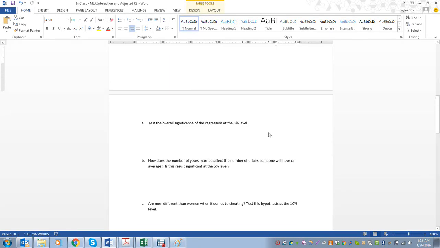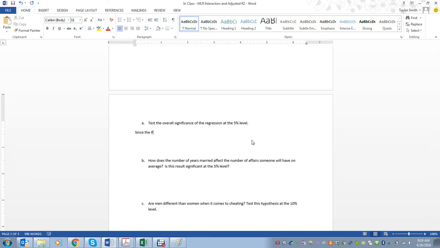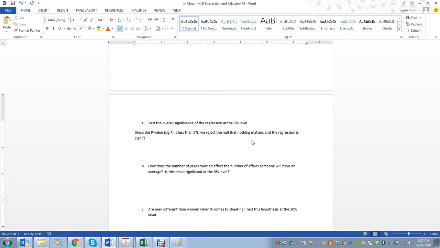And so we need to compare that p-value to our level of significance, which is 5%. In this case, since the p-value, that's the significance of f, is less than 5%, we reject the null that nothing matters, and the regression is significant.